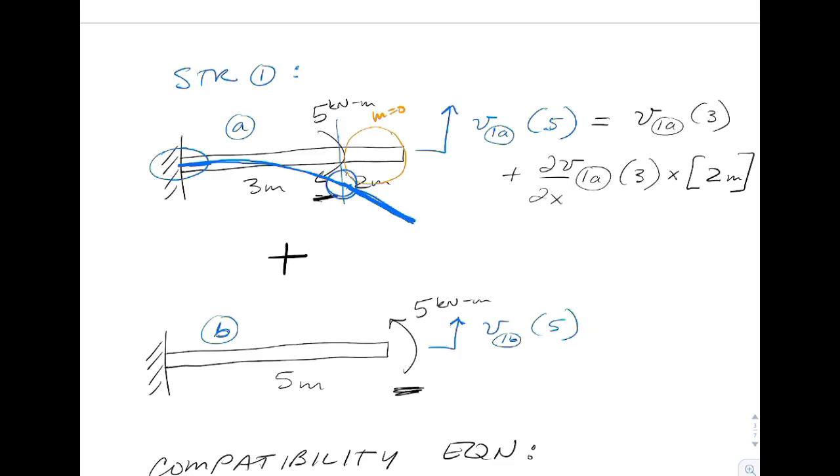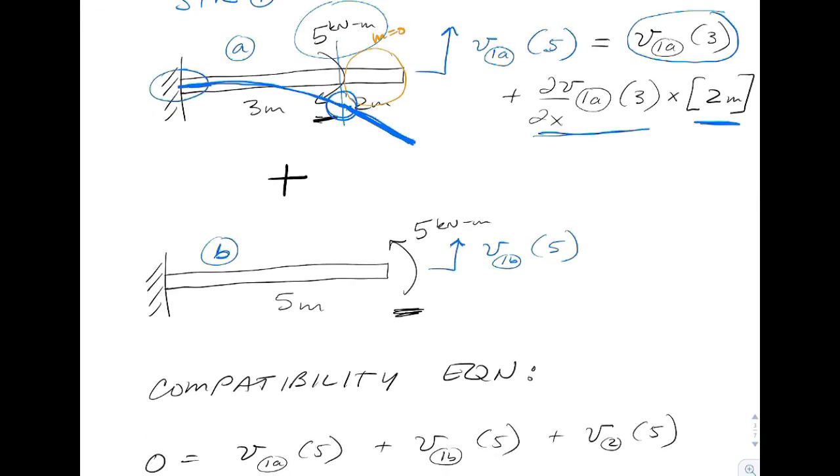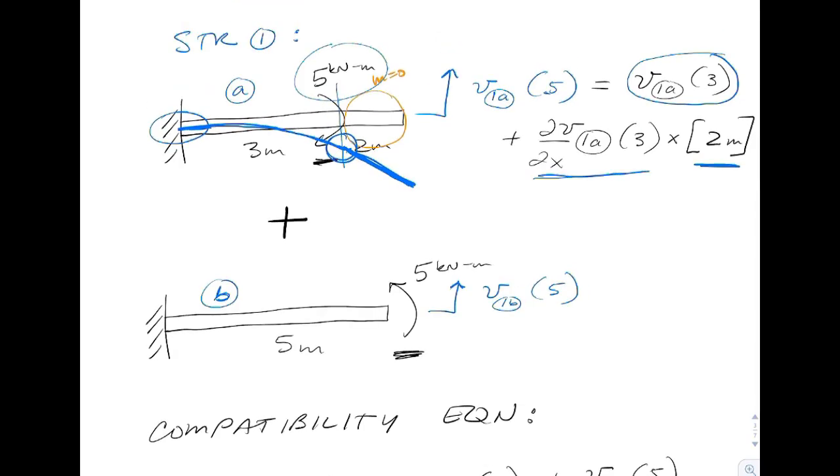So to find the total deflection out at the end, we're going to use geometry and superposition. So we're going to find the deflection at 3, which is where the moment is applied. We're going to then add to it the slope at 3 and multiply by those 2 meters. In structure 1B now, the deflection out at 5 is going to be a little easier to solve for.